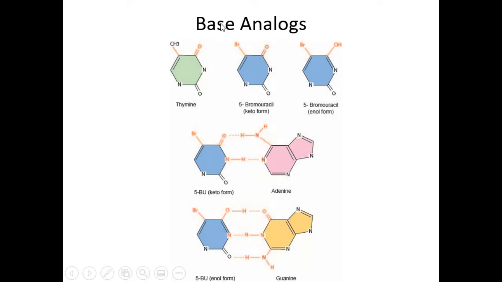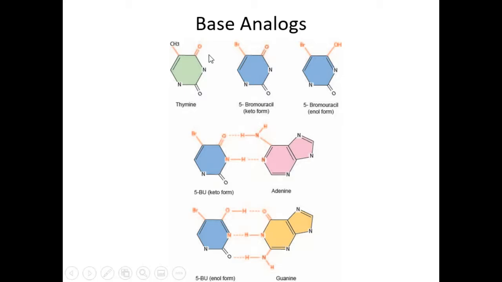So if the thymine has been replaced by the keto form, it's okay, it's still a match with A. If it is replaced by the 5-bromouracil enol form, then they will introduce this guanine.